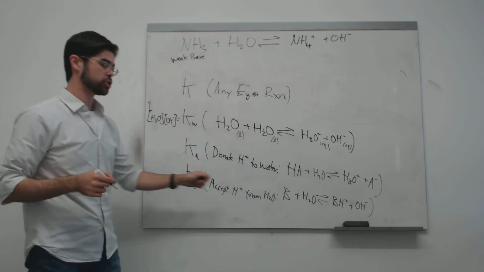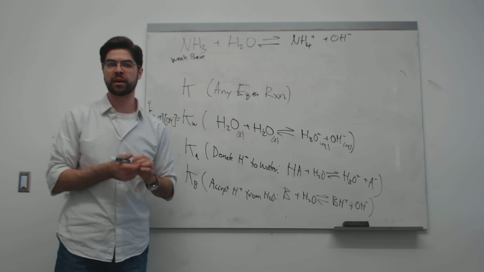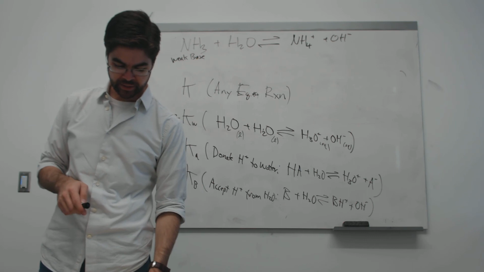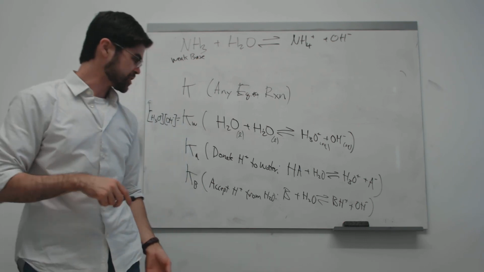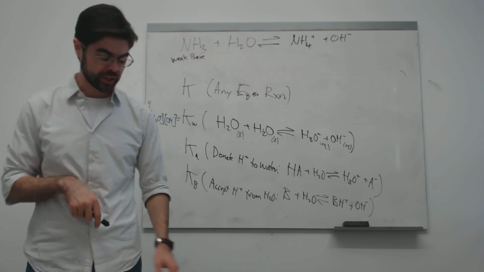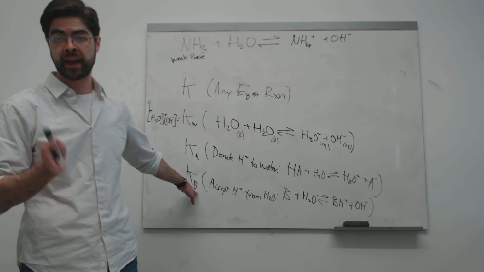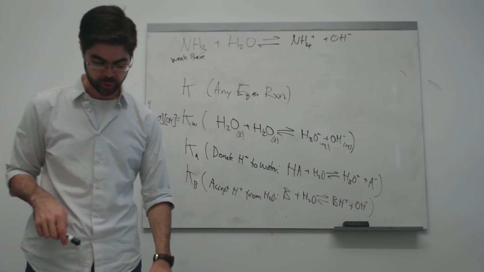That reaction shows some unknown base behaving as a base, taking a proton from water. And I can write an equilibrium constant for that, a law of mass action for that, just like I can for any equilibrium. And I will give it the special subscript B just to emphasize this is describing how a particular substance behaves as a base towards water.